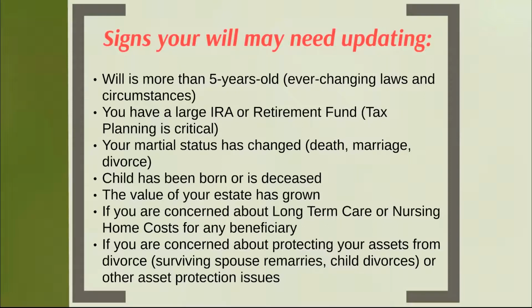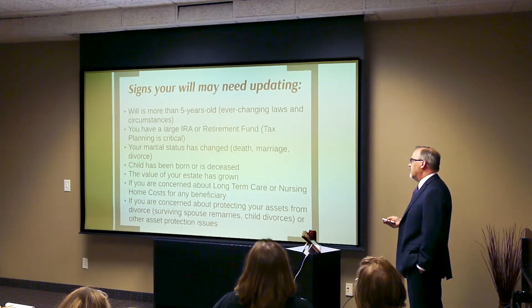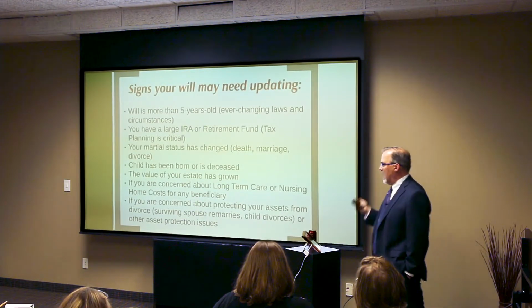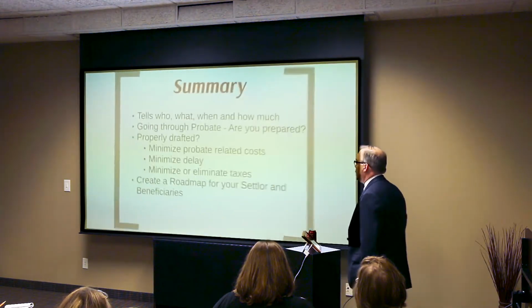Now often we draft wills to be flexible, and you can have the child to be named later in the will. To my children now born and hereafter born, but that's kind of cold. It is a good idea to actually name your children in the will. So all of these are issues that may lead you to need to update a will, but a will that is well drafted and circumstances haven't changed does not go bad because of time alone.